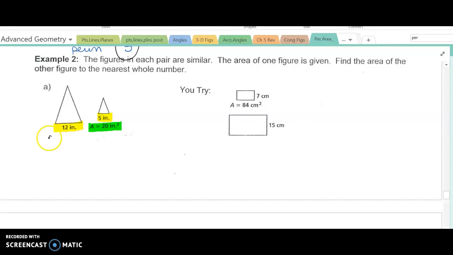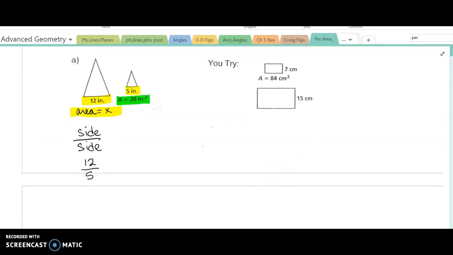We know a way to figure out the area of the big one, we'll call it x, because we know something about the ratios. The side-to-side ratio is 12 compared to the matching side of 5. I'm going to make this green to make more sense.